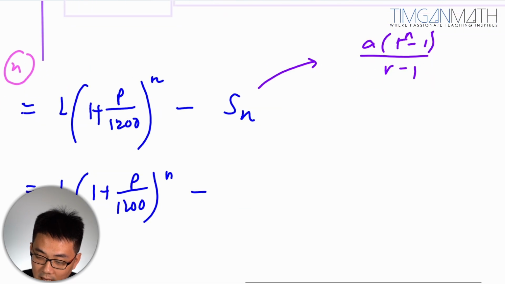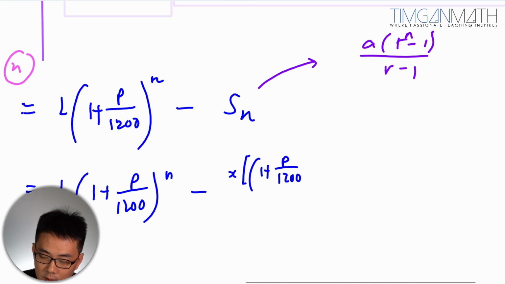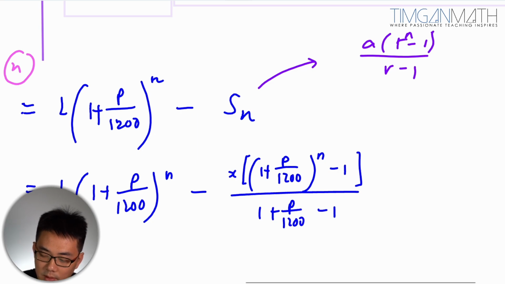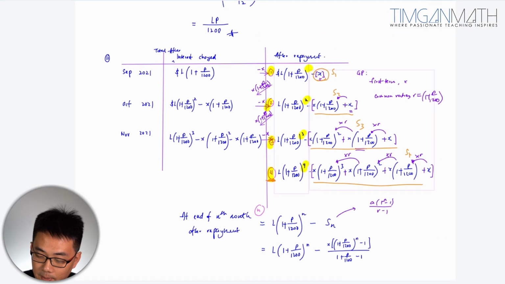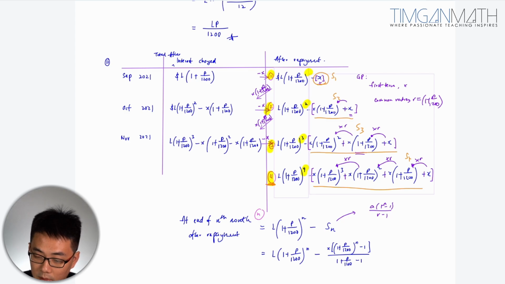So just put it as x times (1 plus p over 1200 to the power of n minus 1) over (1 plus p over 1200 minus 1). And very simply, we did get the answer. Yes, we got the answer there.